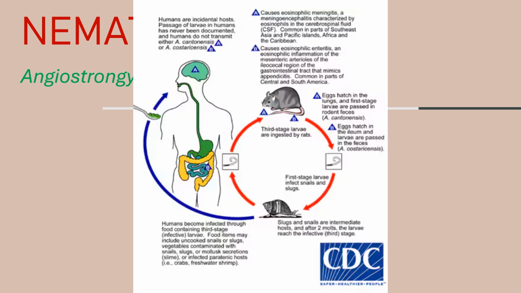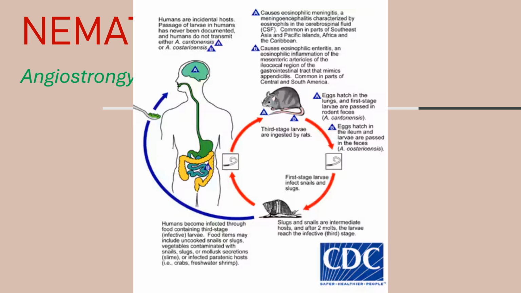The first stage larva is released into the stool, and then the intermediate host will ingest the first stage larva, or the first stage larva will penetrate the intermediate host.